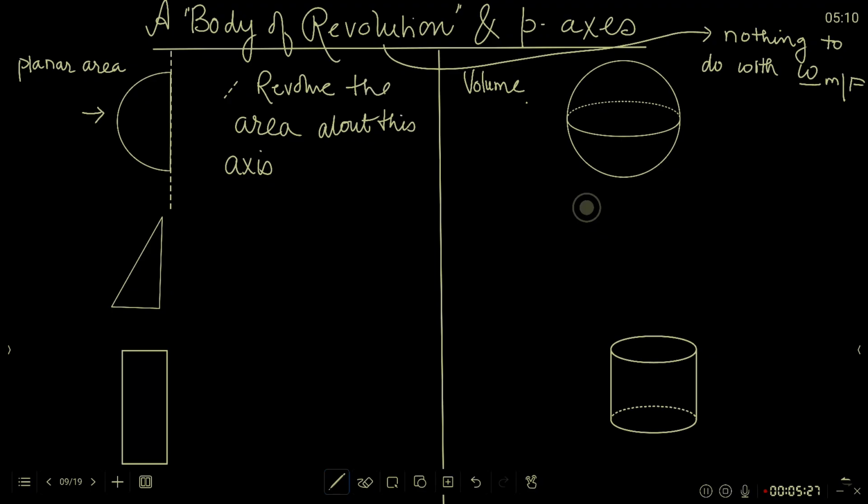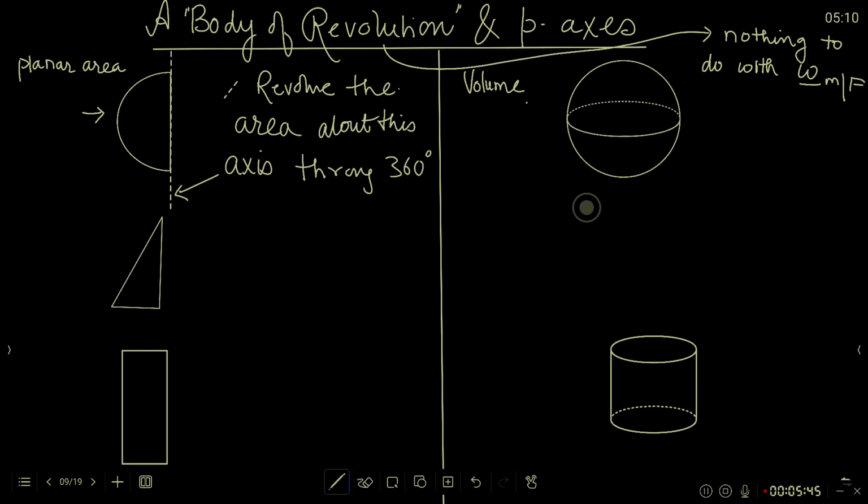Which axis? The dashed line. 360 degrees. That sweeping, this revolution will lead to this creation of a volume.